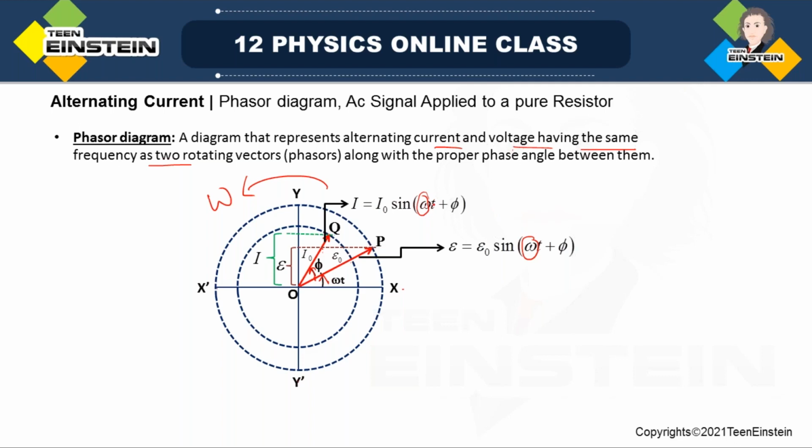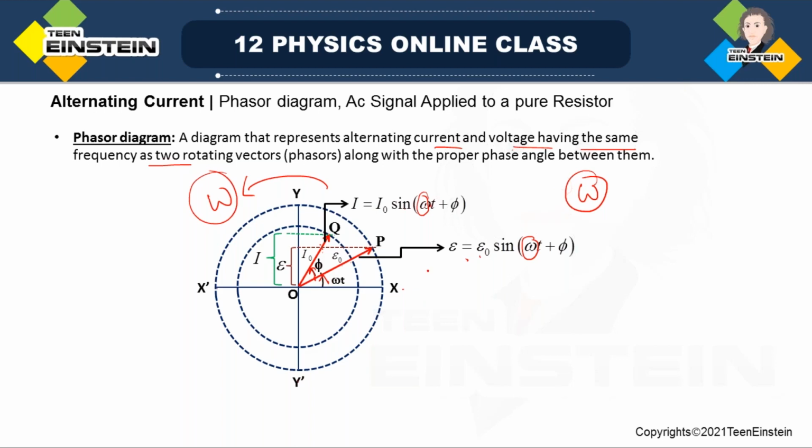First of all, these two quantities, alternating current and voltage, have the same frequency. Another point is that the rotating vectors rotate in the anti-clockwise direction with the same angular velocity as the alternating quantities.